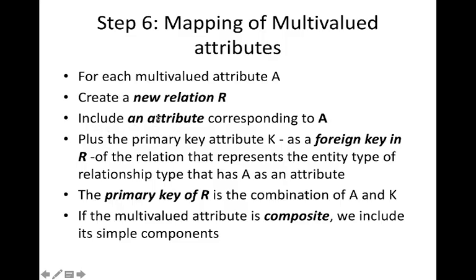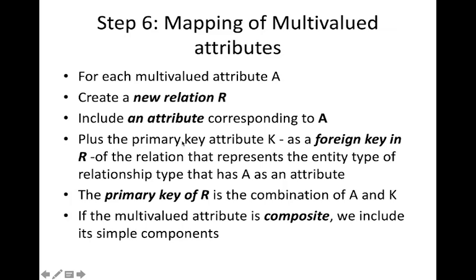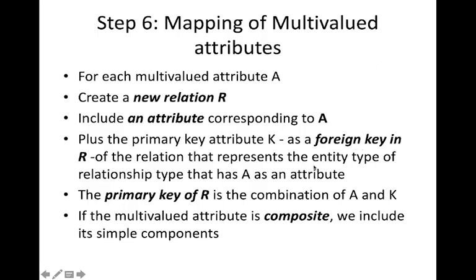We include that attribute A in that relation R, and plus the primary key K will be included as a foreign key. Here department number is the primary key of the department table, and that will also be included in this table R. Then the primary key of this new table is a combination of A and K.